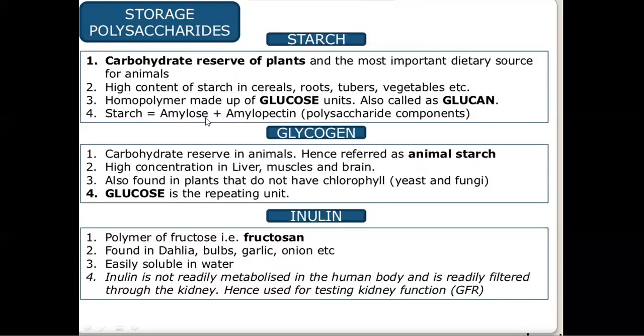Amylose is a polymeric chain in which all the glucose molecules are held together by glycosidic bonds. Amylopectin has side chains, which are branches off the amylose.